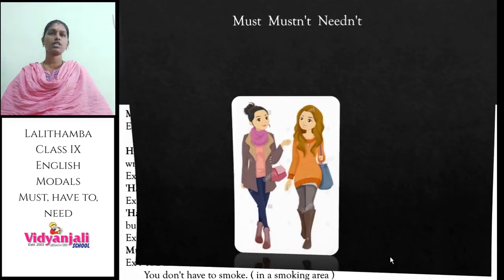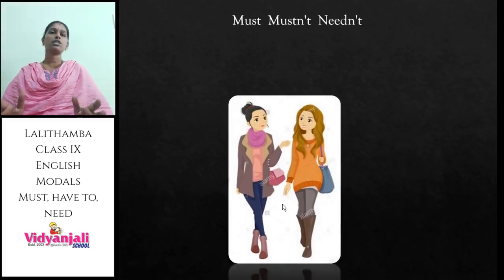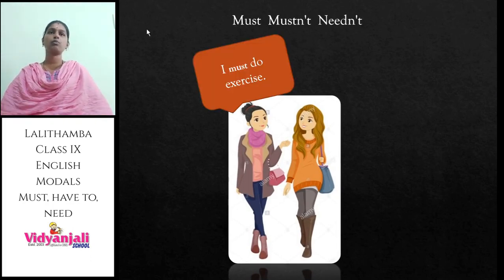Here is a conversation. I felt this conversation makes the concept very clear, so I have added this small conversation between two women. Let's see the difference between must, must not and need not. Here she is telling, I must do exercises. It is necessary for me to do exercises, maybe because of her health issues.